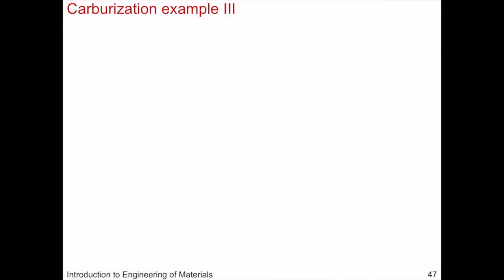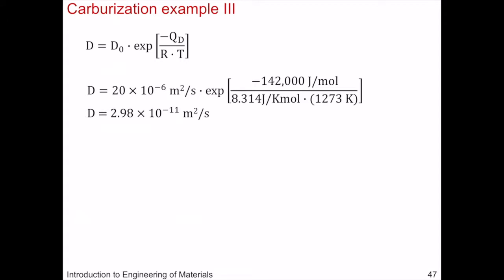So how did I get there? Well, I know this reacted at 1,000 degrees Celsius or 1,273 Kelvin. And so D is just the pre-exponential factor. So in the data table, it's given as 20 times 10 to the minus 6 meters squared per second.